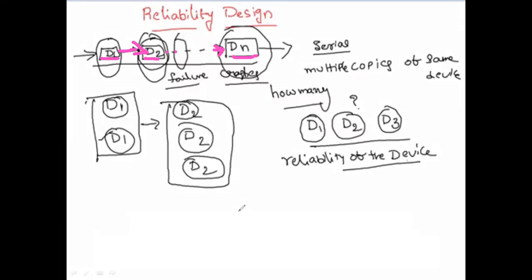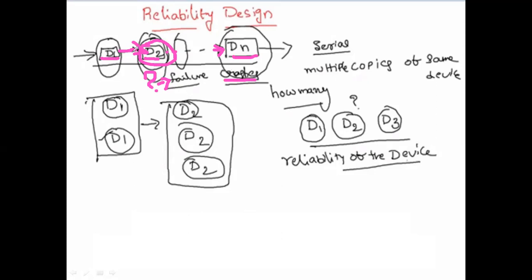Suppose device 2 fails, what happens? If device 2 fails, you cannot process the sequence; the process is stopped and a crash happens.